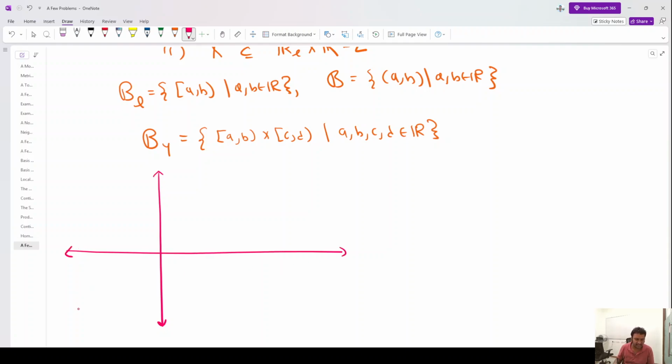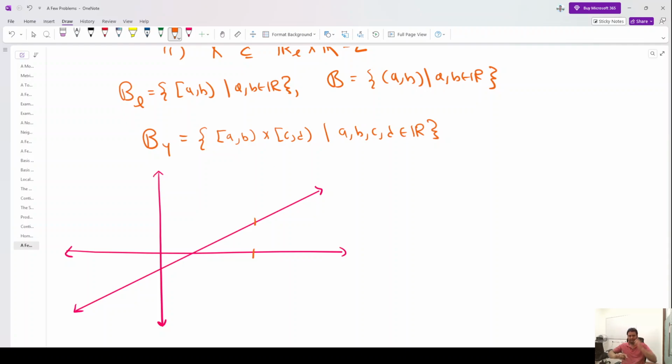So if the line is something like this, let us see what's happening. Let's say you take a point here, say, for example. Say this is some point, whatever.